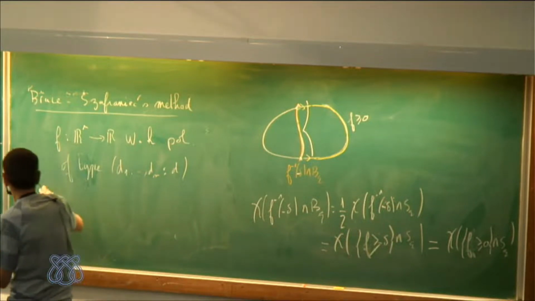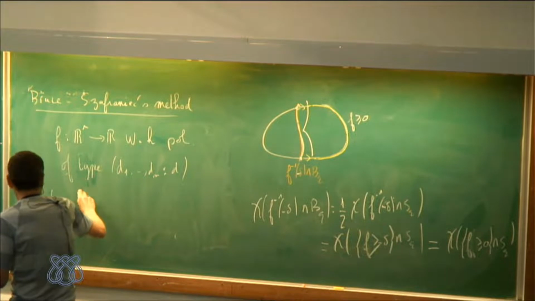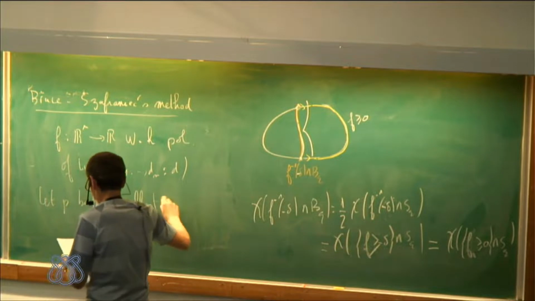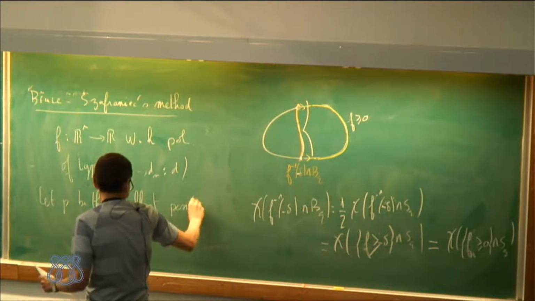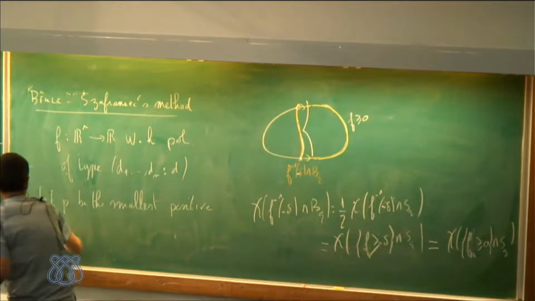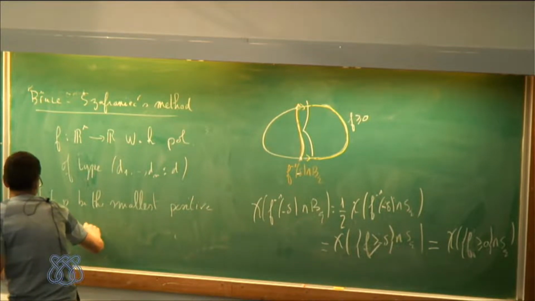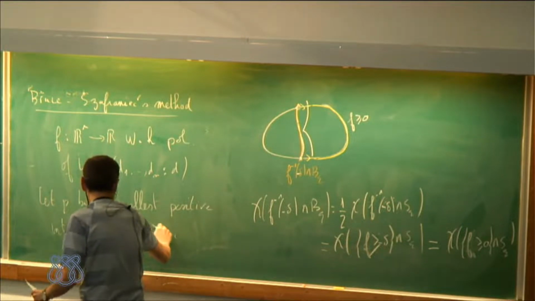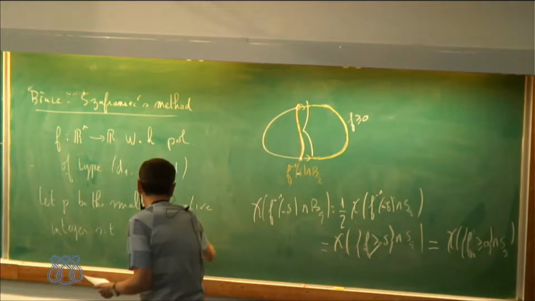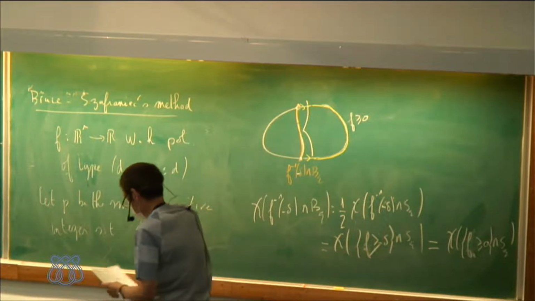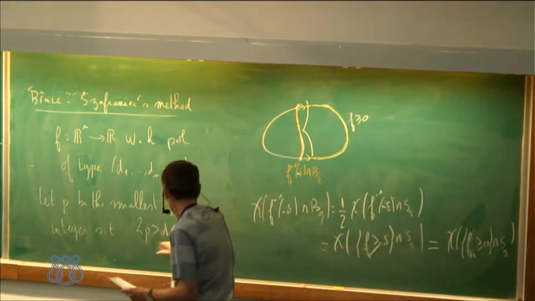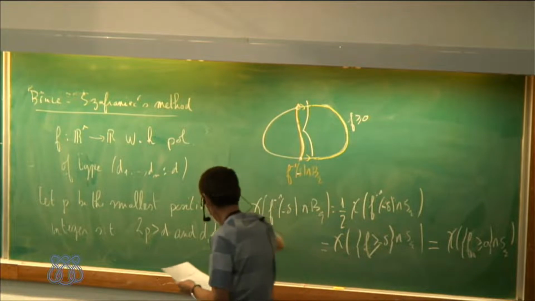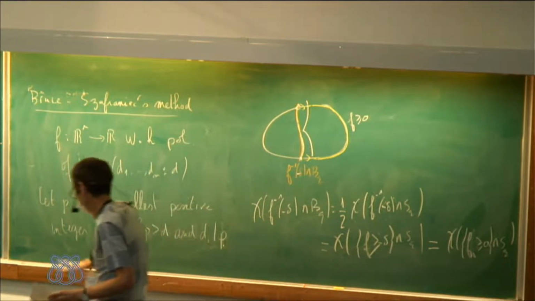So let P be the smallest positive integer such that 2P is greater than D, and each di divides P, sorry.